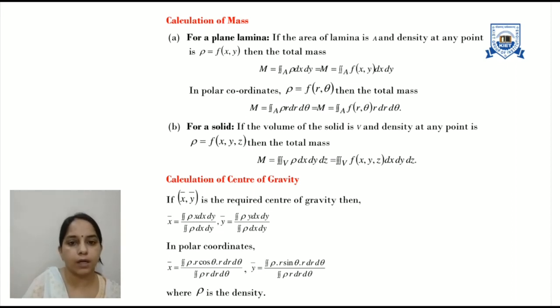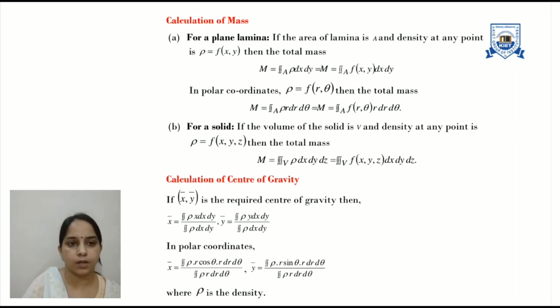And for a solid that has thickness also, the mass will depend upon its volume. So m will be triple integration density into dx dy dz, that is, triple integration f(x,y,z) dx dy dz.